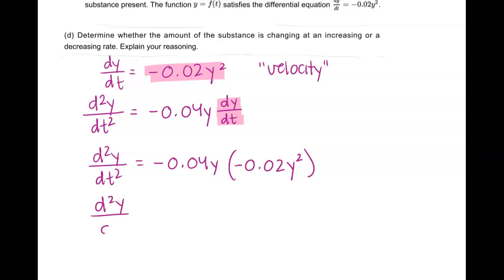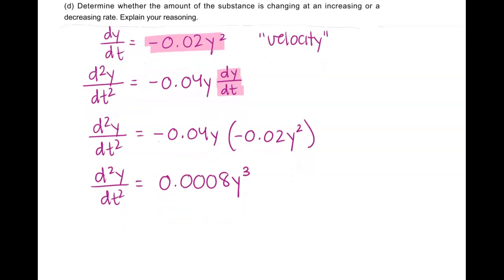So d squared y over dt squared, or the second derivative, is, well, negative times a negative is a positive. 0.04 times 0.02 is 0.0008. And then we have y times y squared, which is y cubed.